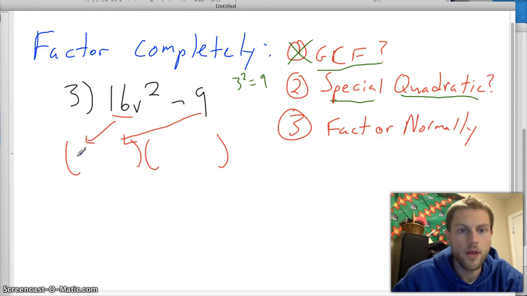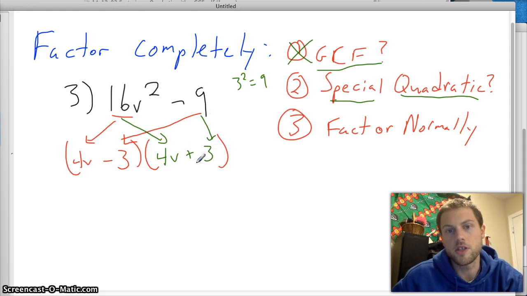So I am going to have a 4v, which is the square root of 16v squared, minus 3, which is the square root of 9, and it's going to be multiplied by the square root of this, 4v again, plus the square root of the C term.